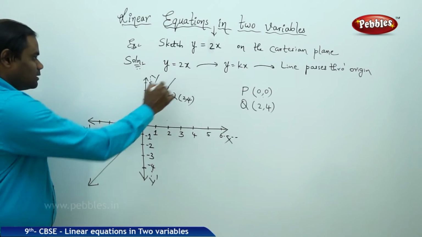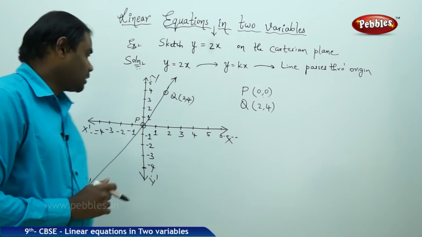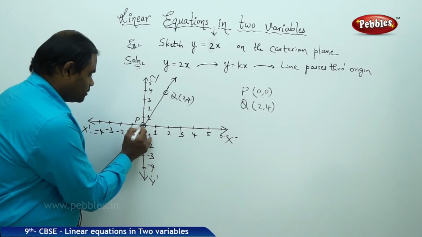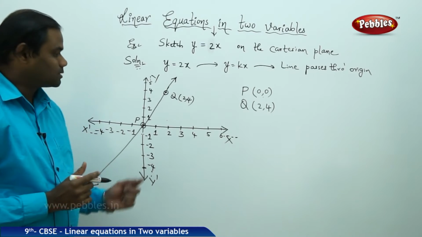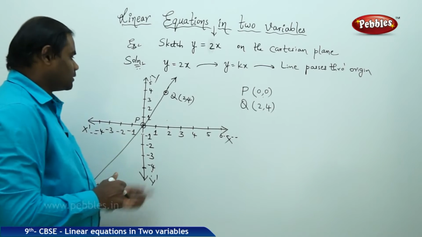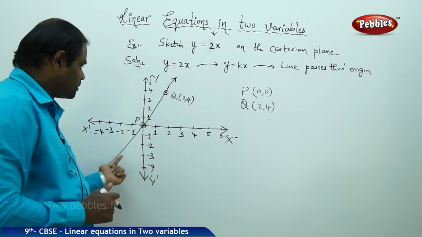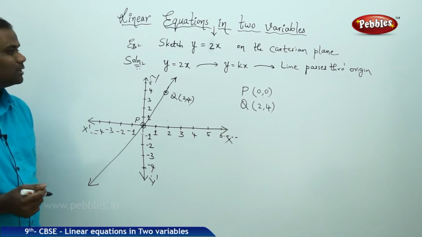So I get a line which is extended on either side and equally passing through P and passing through Q. Both the points as obtained through the line y equal to 2x. Therefore, the line as obtained passing through P and Q clearly is witnessed to have been passing through the origin.